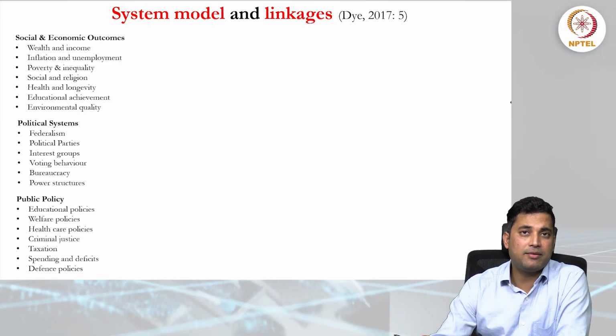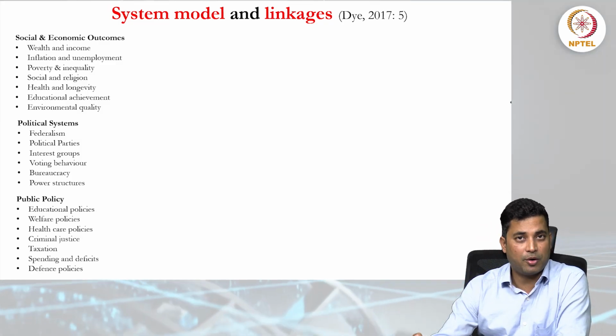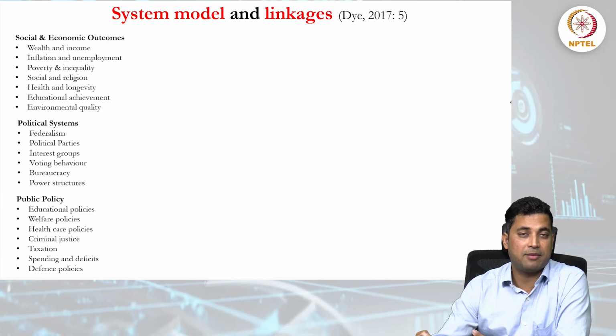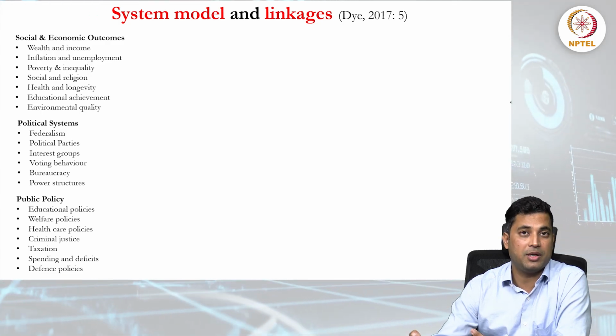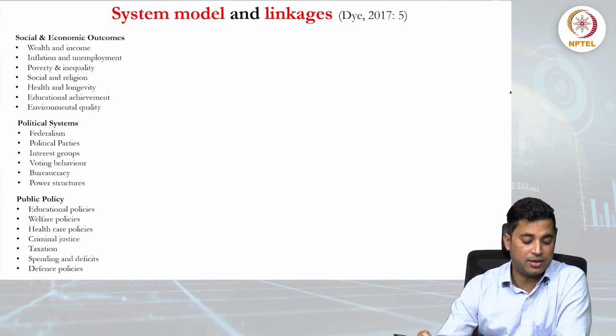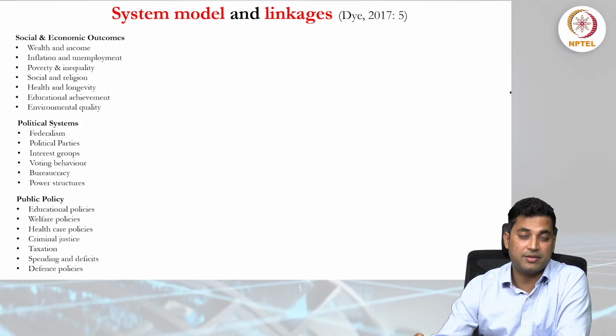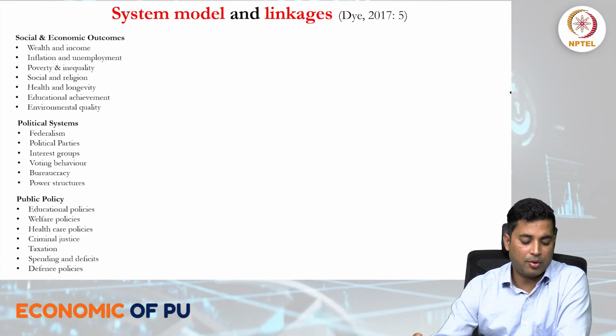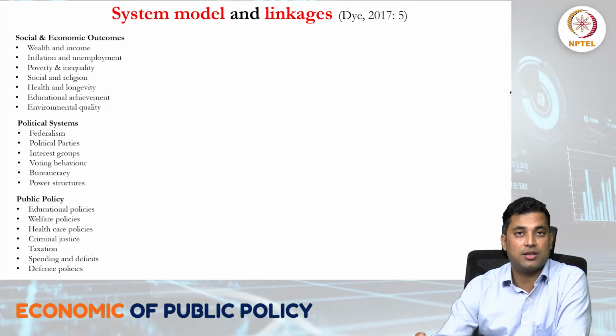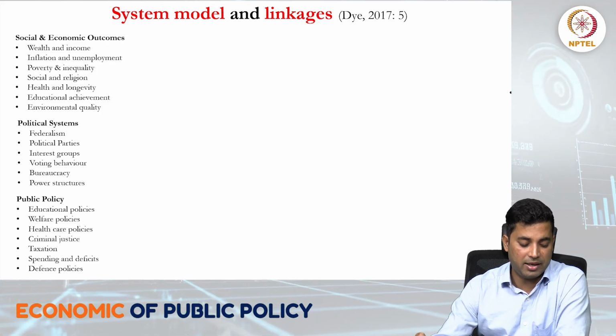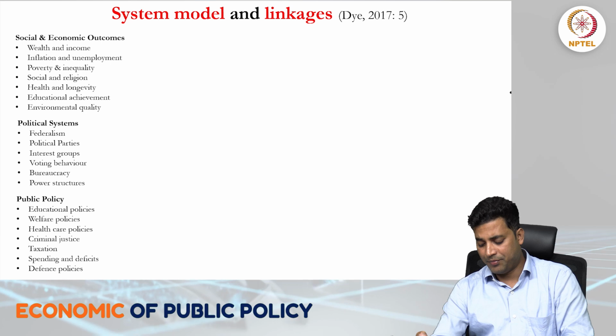In public policy, there are various policies like regulatory policies, as I mentioned, and distributive, redistributive and constituent policies. These are examples like educational policies, welfare policies, healthcare policies, criminal justice, taxation, deficits and spending, and defense policies.